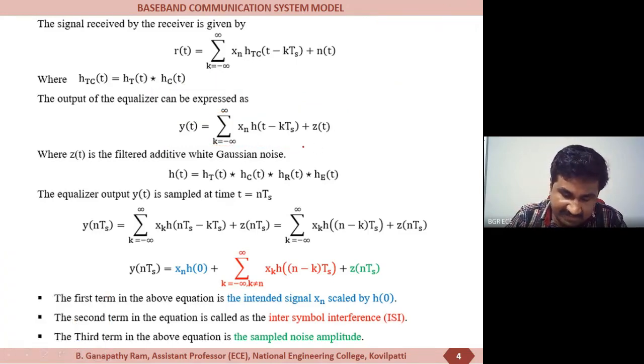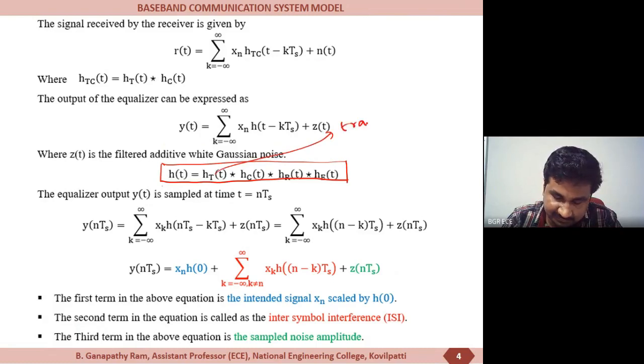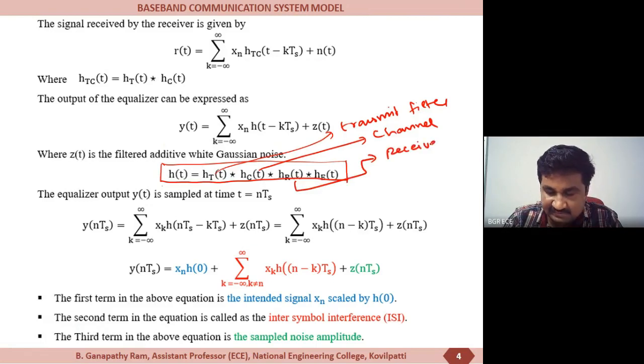So h of t is nothing but the convolution of the impulse responses of the transmit filter and the channel and receive filter and equalizer filter.